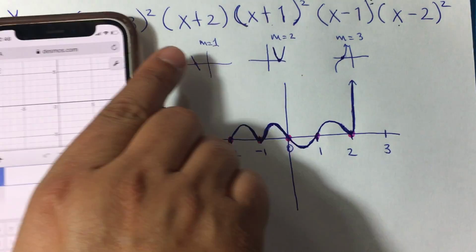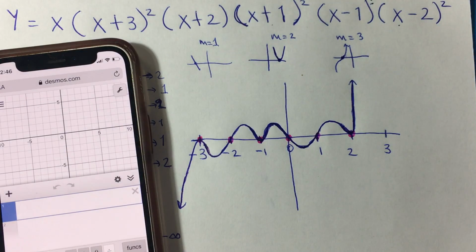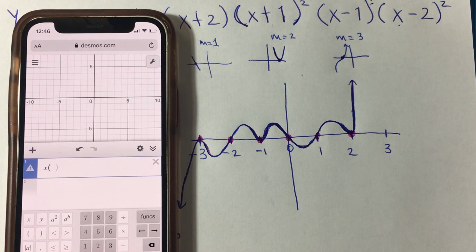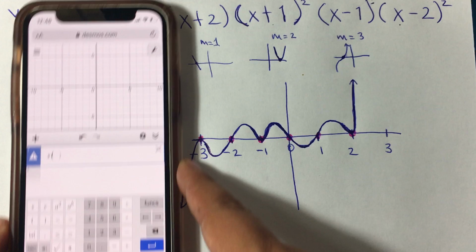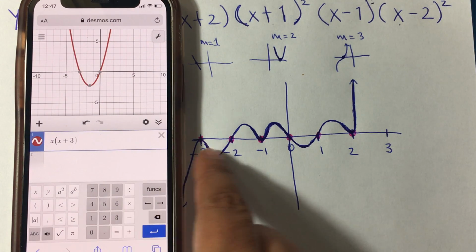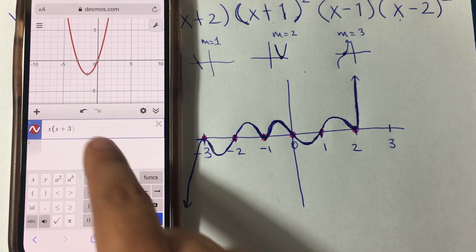Okay, so we have x times, we open parentheses, and then we have (x + 3) squared.